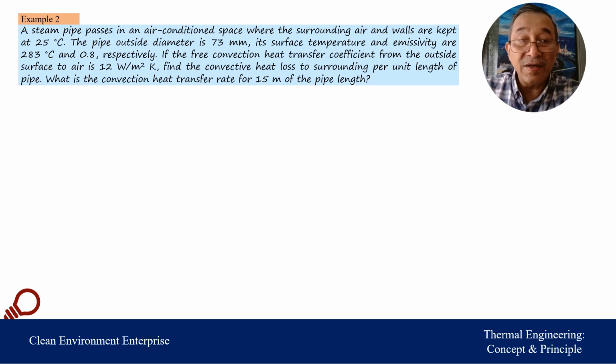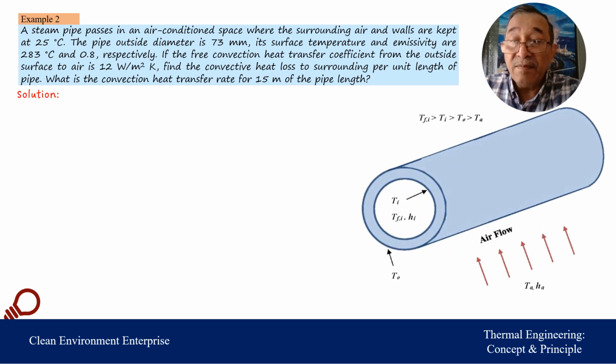So what we are talking about here is how to calculate the heat loss from that pipe to the ambient, and we have all dimensions of that, and we were talking about surface temperature 283 Celsius, which is quite high, and heat transfer coefficient of the ambient is only 12 watt per meter squared Kelvin, and we have 15 meter of pipe length, and the same as we talked for the plane wall.